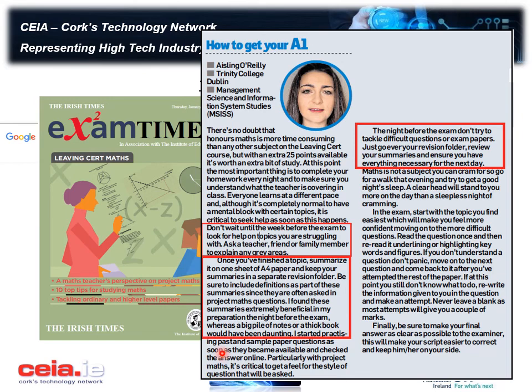So basically all the bits of advice I'm going to give you now really lead on from reading this article about Ashling's experience, and I hope you find something in there that might be of use to you in your own revision over the coming months.